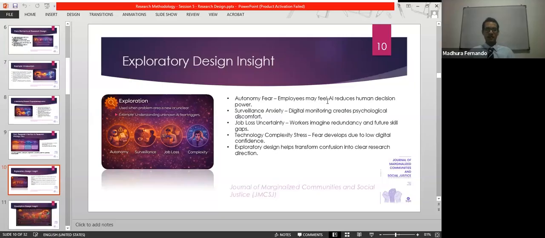Now, what happens? Now he feels that he loses his power. He loses his decision making power, because now after a certain date in future, the AI is going to take over decision making. So I'm not going to make decisions anymore. So that's the feeling, that's the impression he gets. So that is the autonomy fear.